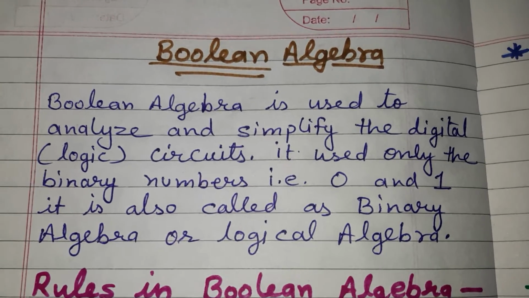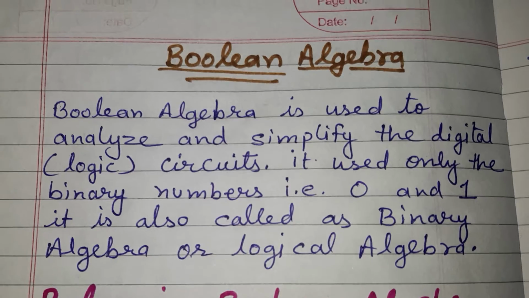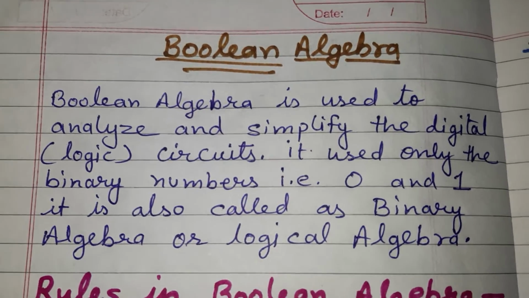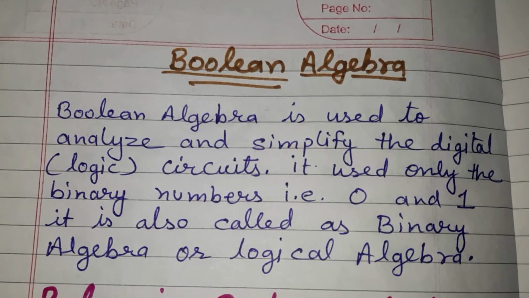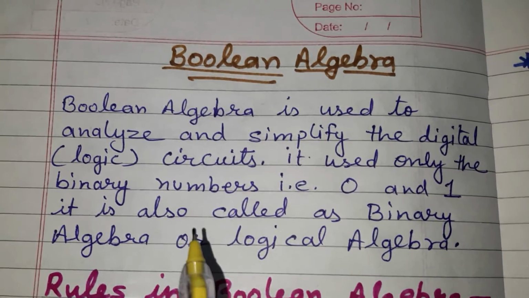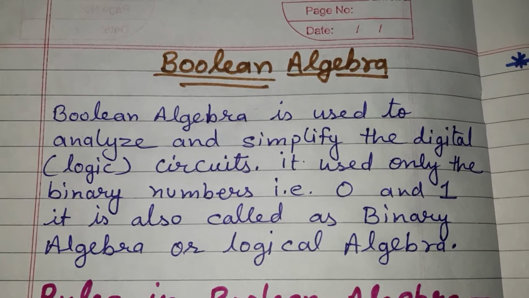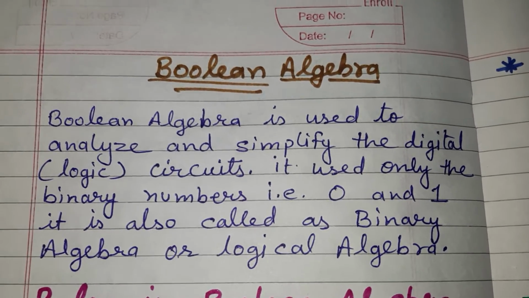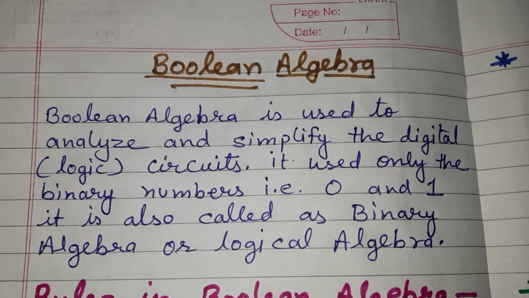Dear students, this is a part of simple algebra in mathematics, but the difference between mathematical algebra and Boolean algebra is that Boolean algebra is used to simplify logic circuits and to design any digital electronic device.